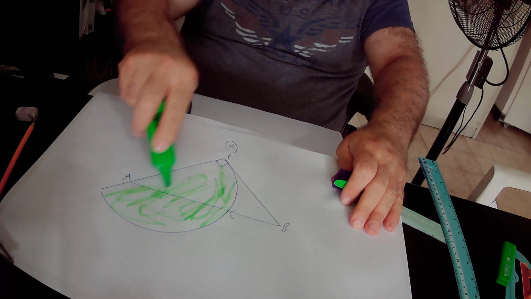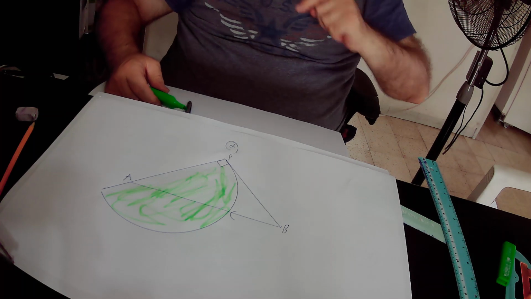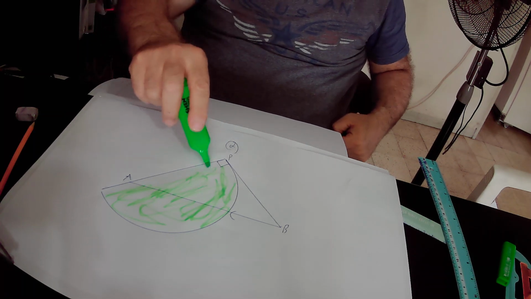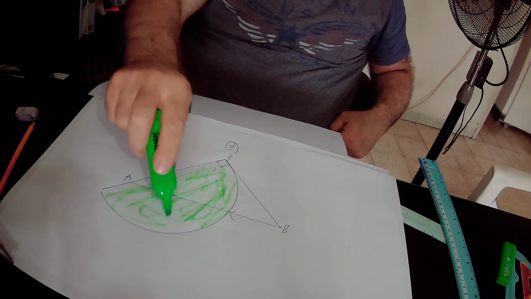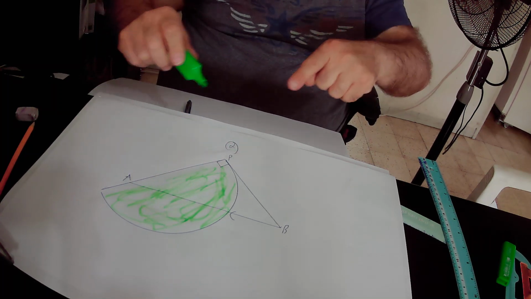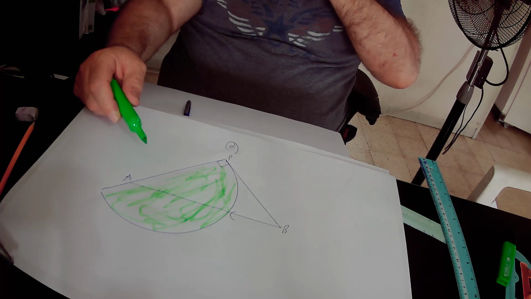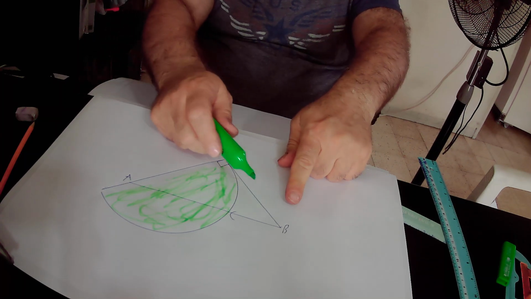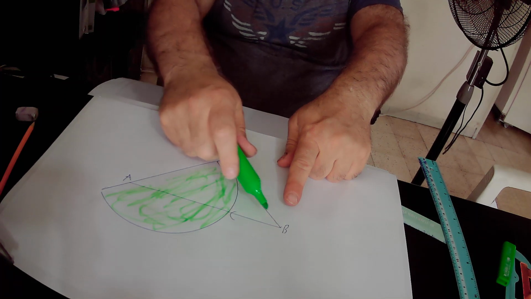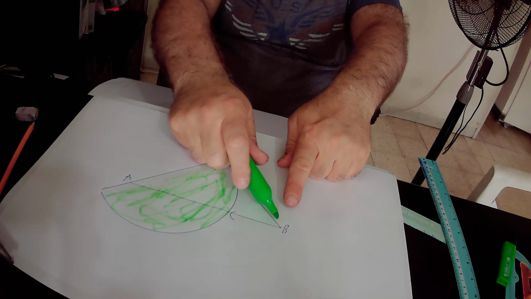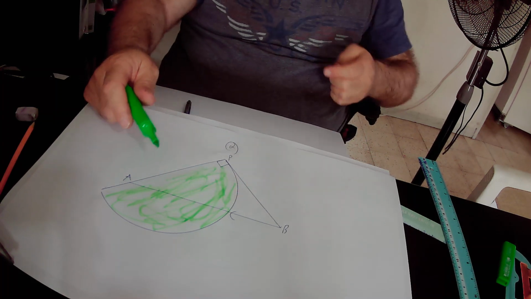So from the external point B, we have tangent BP that is tangent to this green semicircle at point P. Point P is the point of tangency of tangent BP with this green semicircle. And we have chord AC, and from point B, we have extended the line until it creates chord CA.